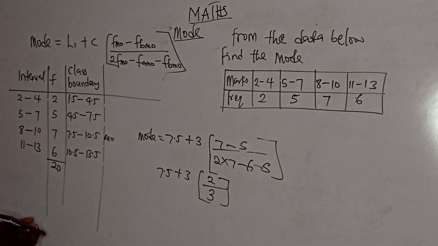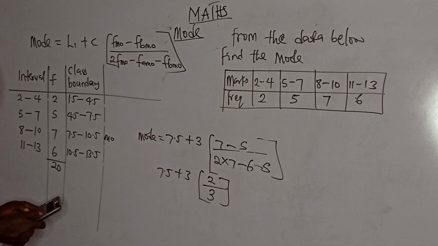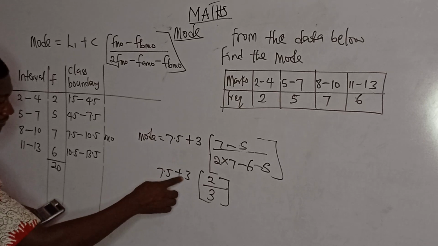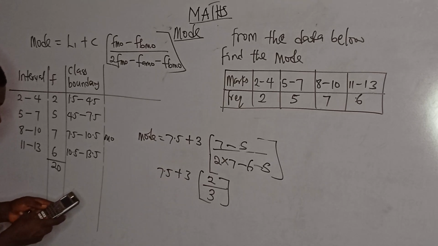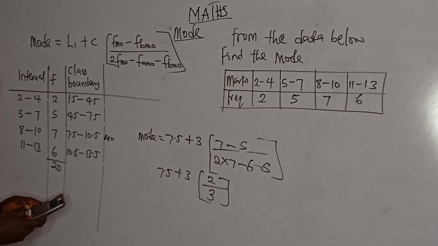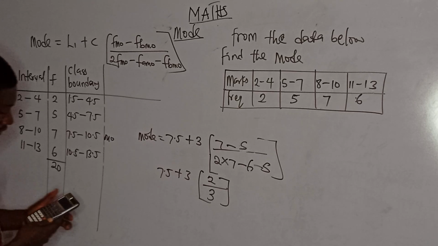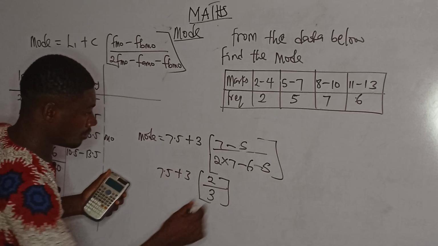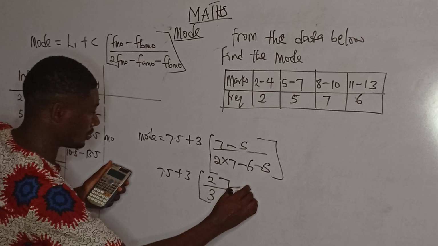So you do the bracket first, before you multiply. So we do 2 divided by 3, press equals first. Whatever you have, times 3, press equals again. Whatever you have, plus 7.5.